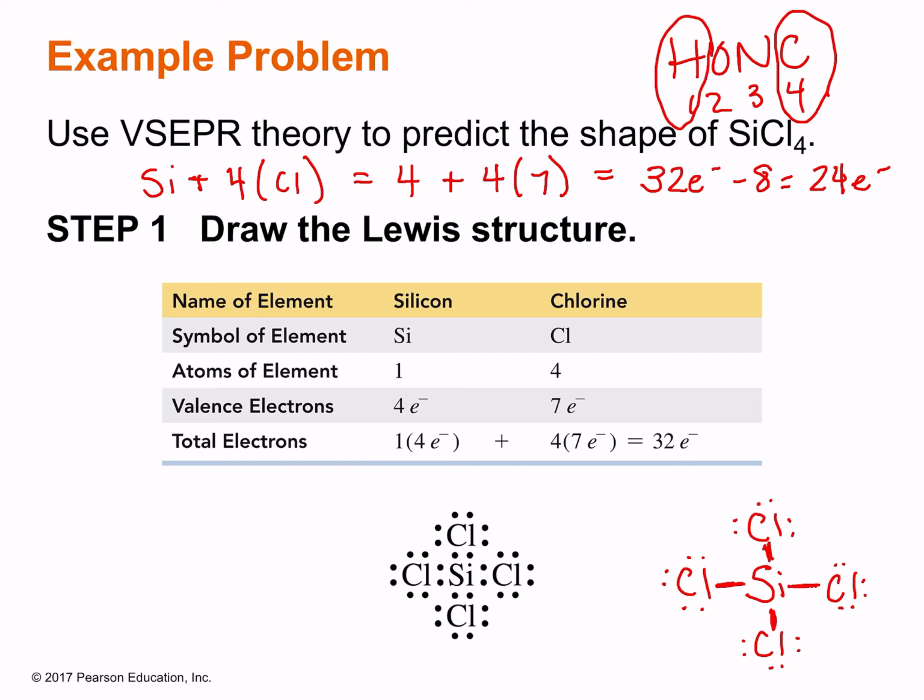So that's 4 areas of electron density, which means it's going to be tetrahedral or some subset of tetrahedral. Since all of these are bonds and none of them are lone pairs, we don't need to think about the subsets. The subsets are only when they start being replaced. So this is going to be a tetrahedral shape, and anytime you have tetrahedral, the bond angle is 109 degrees.